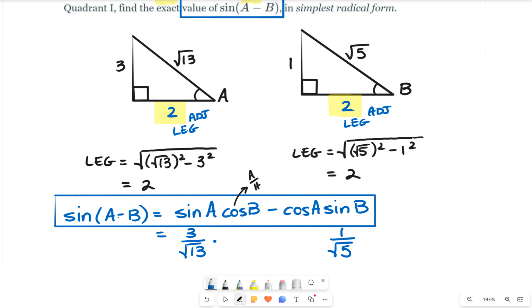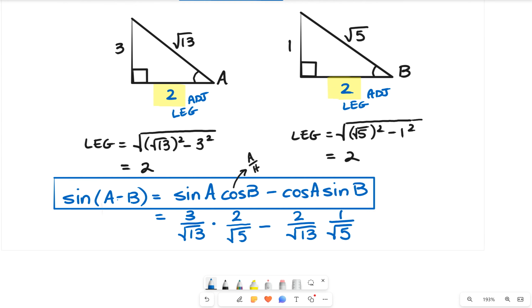So let's put that, 2 over the square root of 5. Cosine of A has me stand right over here. Cosine of A is adjacent over hypotenuse: 2 over square root of 13. 2 over the square root of 13.